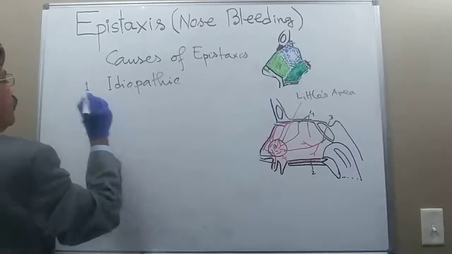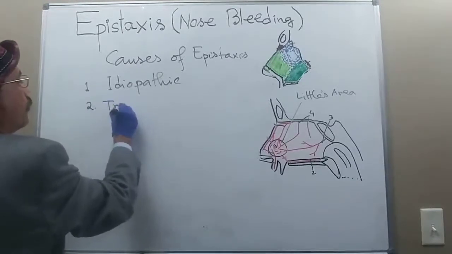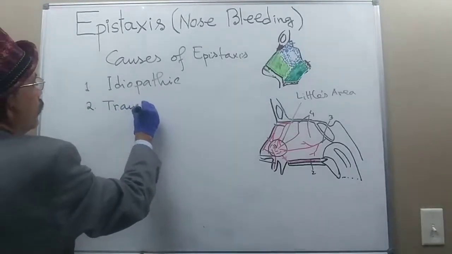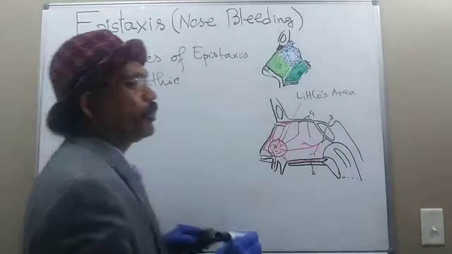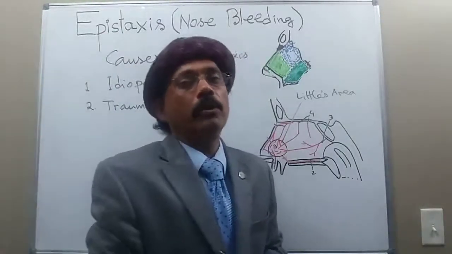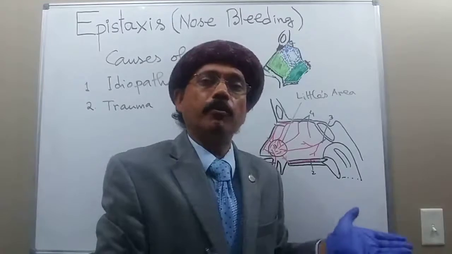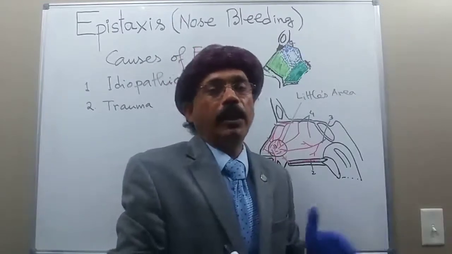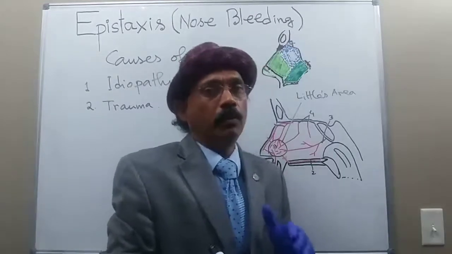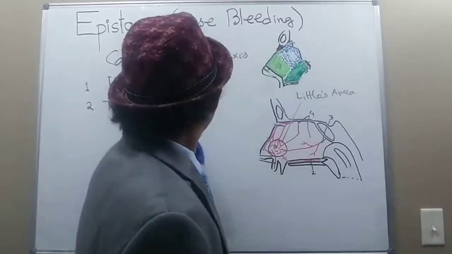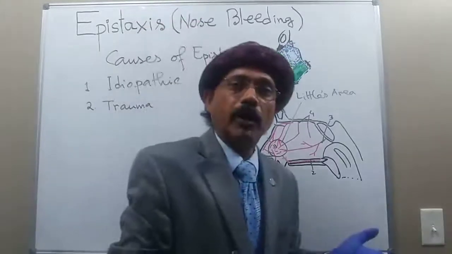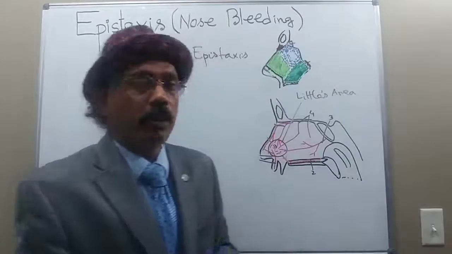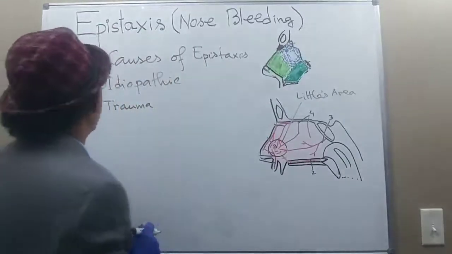It may be due to trauma, any type of trauma. Trauma may be nose picking, trauma due to body contact sports, boxing or any other game with body contact, trauma due to violence or physical altercation.